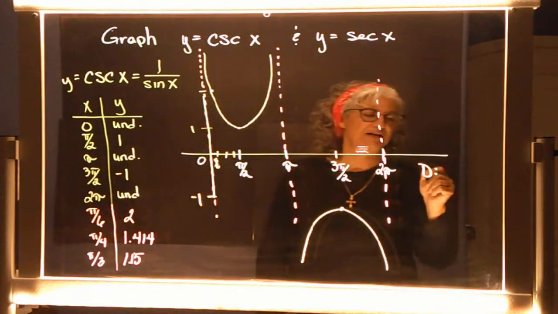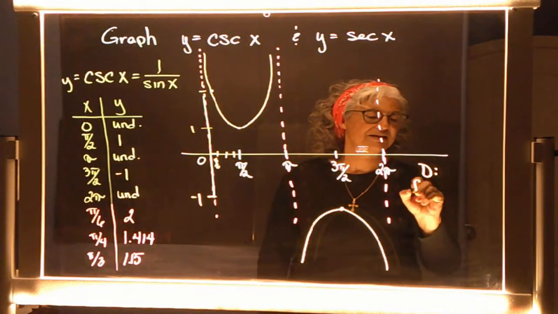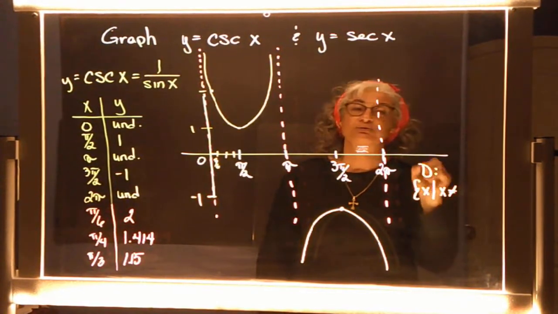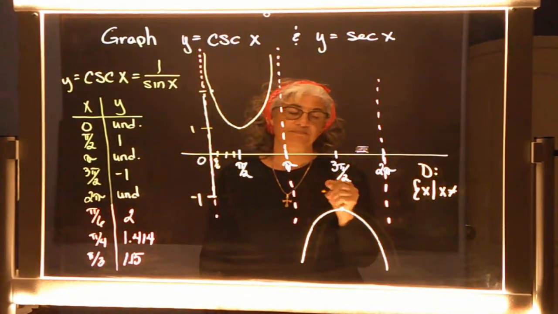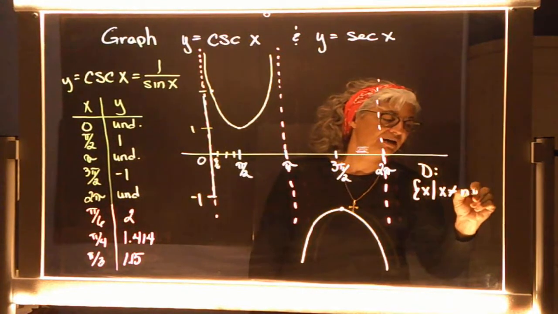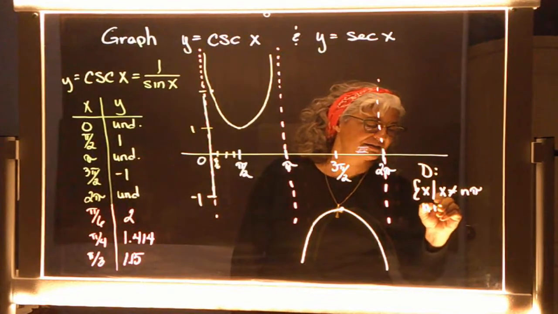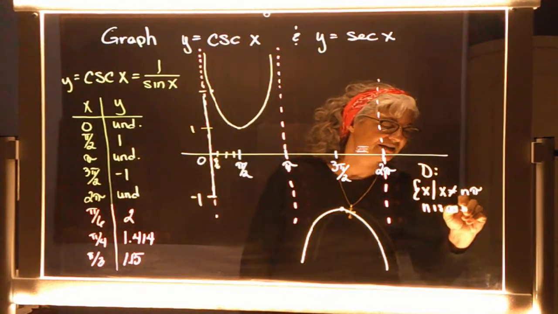So here's what you're telling me. The domain of this thing is the set of x such that x cannot be equal to n pi. And you're like, what's n? N is an integer.